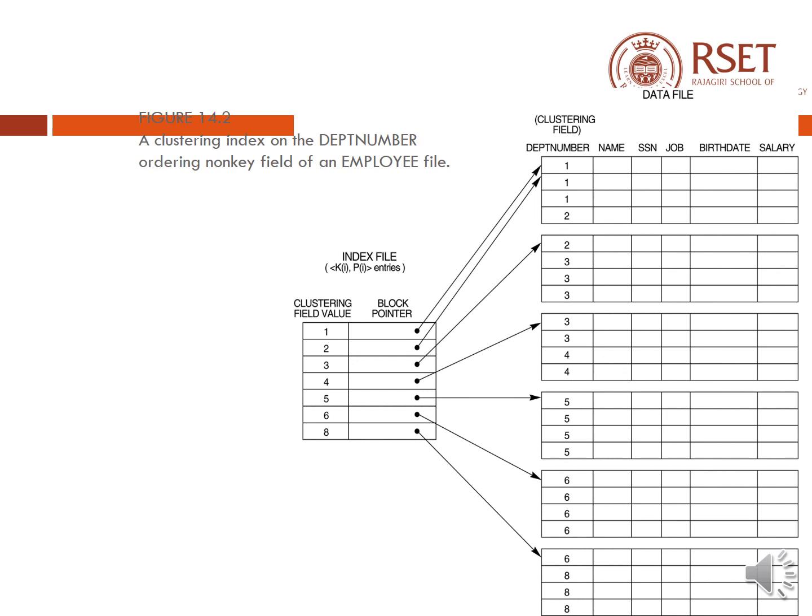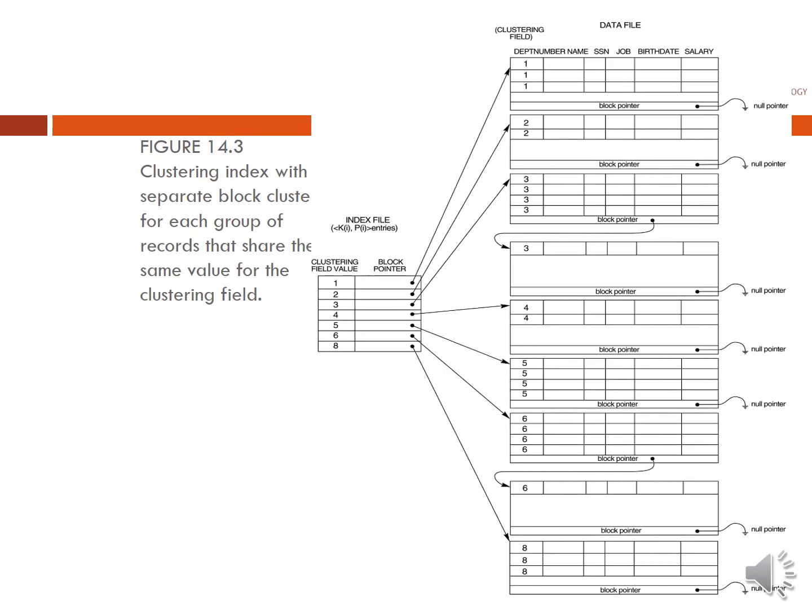Clustering can also be done in one more way. Here one disadvantage is that if I have to add one more department number 1 entry, there is no space. So I can make each cluster separately, that is, I can leave some space there.